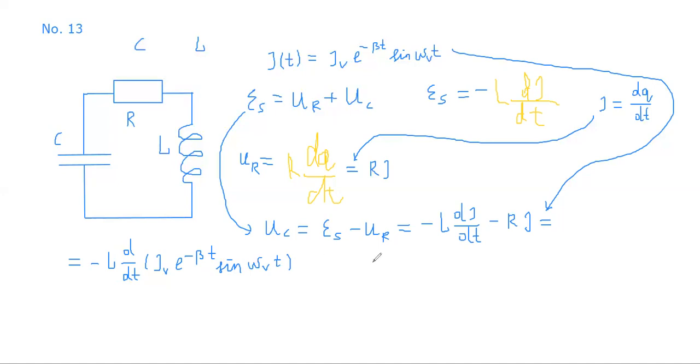So we have minus R I v e to the power of minus beta t sine omega v t.